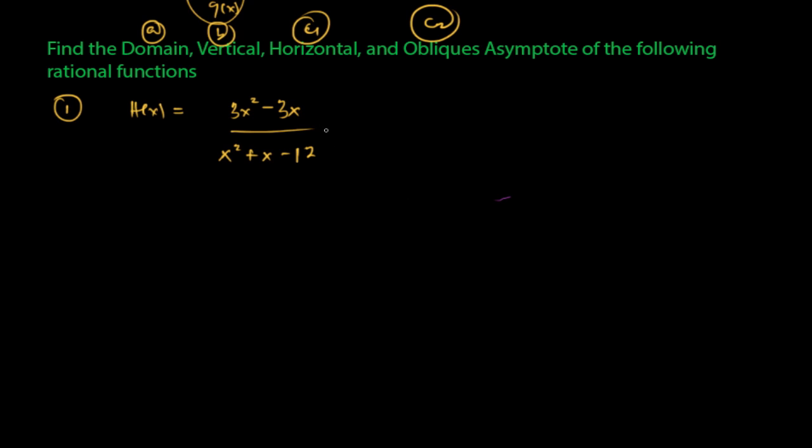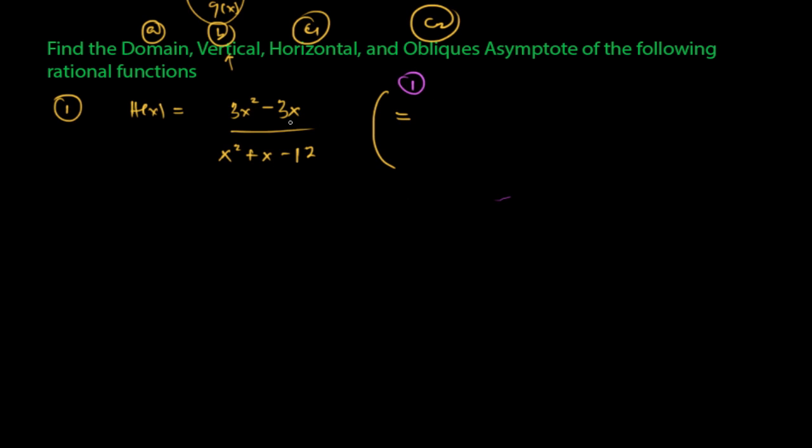Like I explained in the previous video, before you begin to find the properties of a rational function, the very first thing you want to do is to factorize both the numerator and the denominator. It is always helpful, because before you can find the vertical asymptote, it has to be in lowest terms, so it makes your whole work very easy.